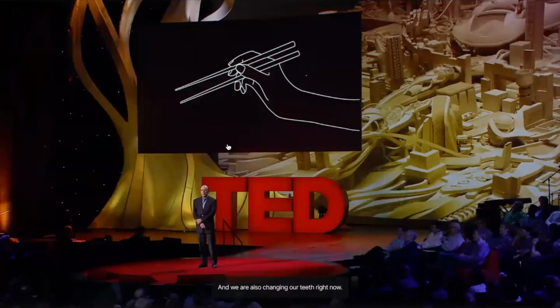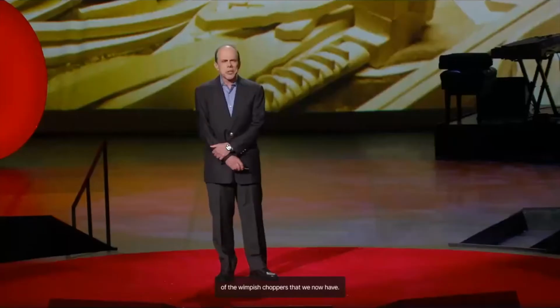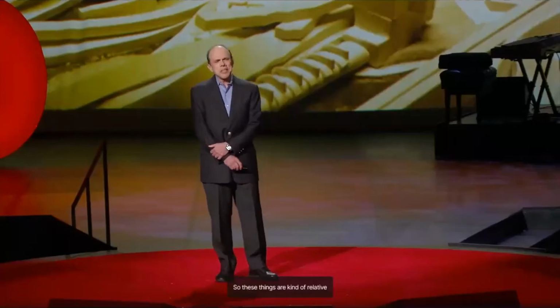There is evidence that the human mouth and teeth are growing smaller all the time. That's not necessarily a bad unintended consequence, but I think from the point of view of a Neanderthal, there would have been a lot of disapproval of the wimpish choppers that we now have. So these things are kind of relative to where you or your ancestors happen to stand.